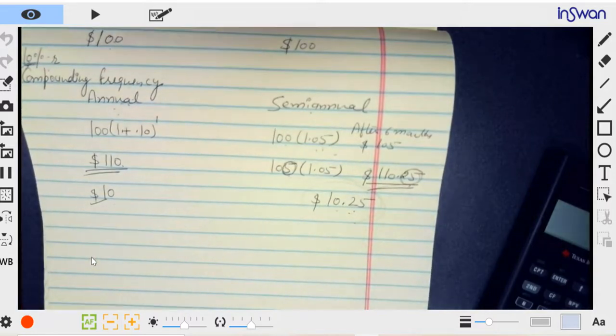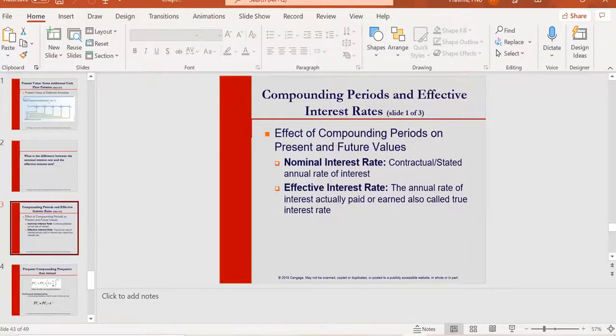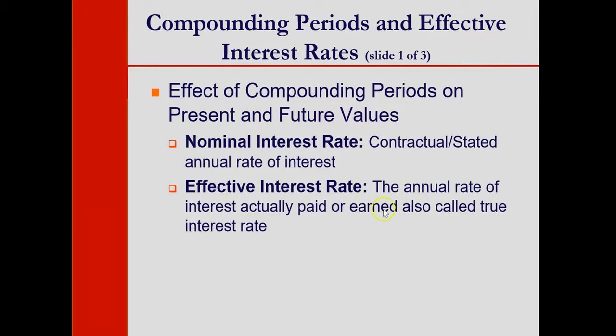Okay. So this is the annual rate of interest actually paid or earned. This is also called the true interest rate.